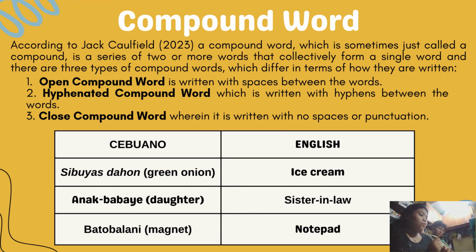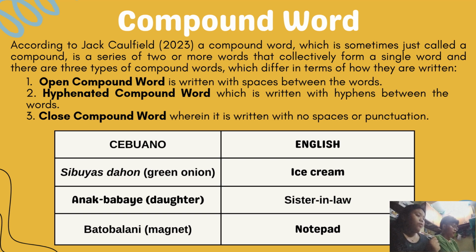Next, we are going to talk about compound words. So according to Caulfield 2023, compound words are formed by combining two or more words to create a single meaning. And they appear in three forms: open, which is written with spaces; hyphenated compound word, which is linked by hyphens; and closed compound word, which is joined as one word.